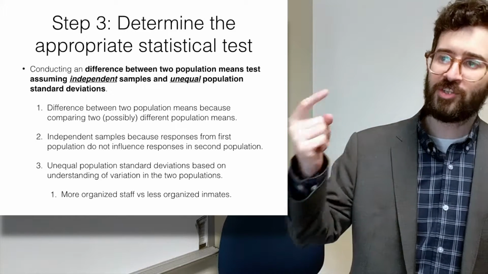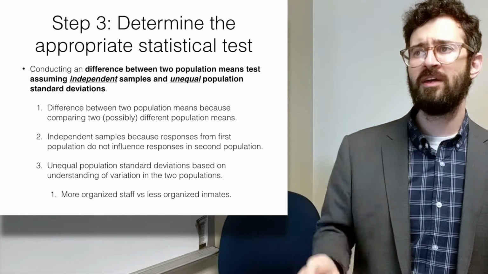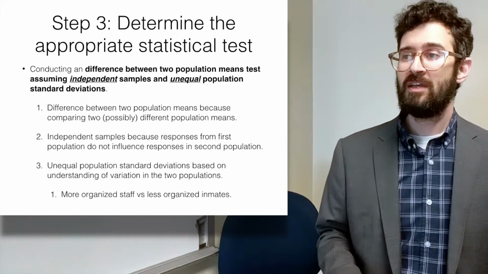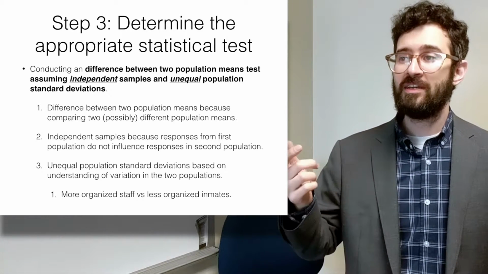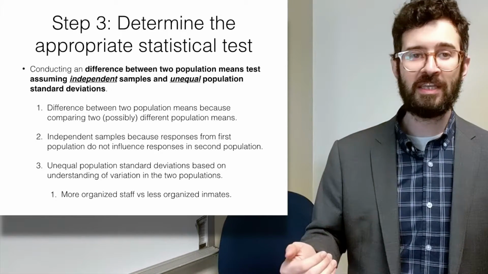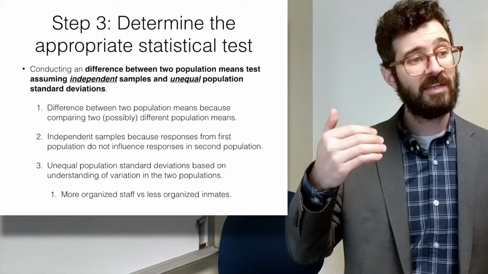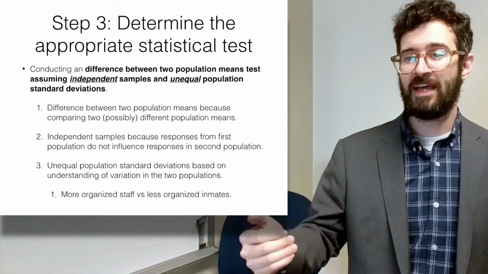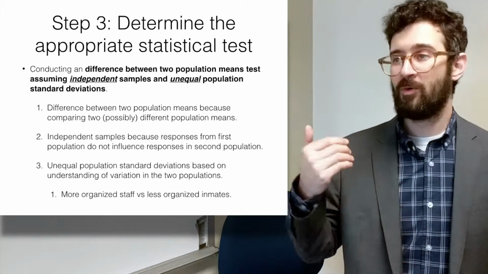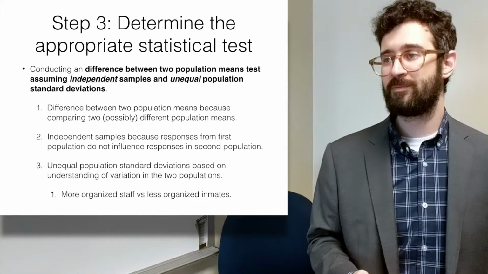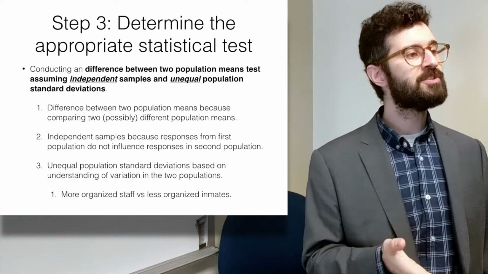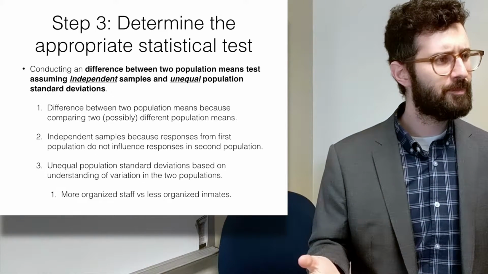So my justification for this is that 1, I'm looking at the difference between two population means. 2, that the samples are independent because I do not believe that the way that the inmates and staff responded had any effect on what they put down. And 3, I make the case that the population standard deviations are different.